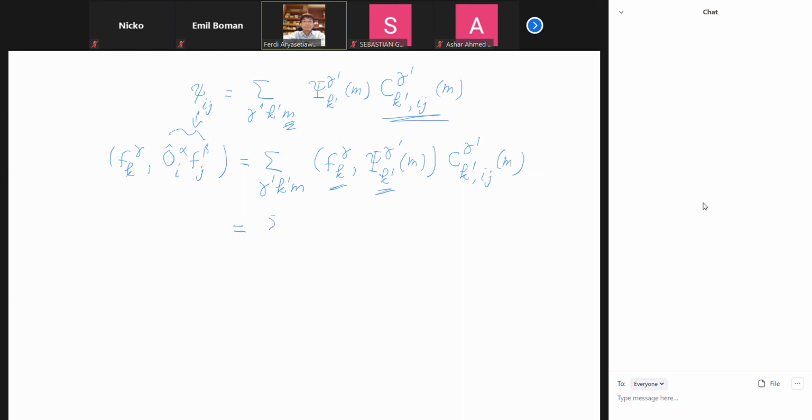So we are just left with the sum over m, like this, and gamma ij m. So this is the Wigner-Eckart theorem.